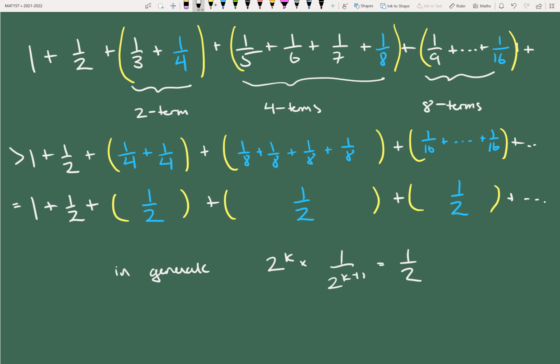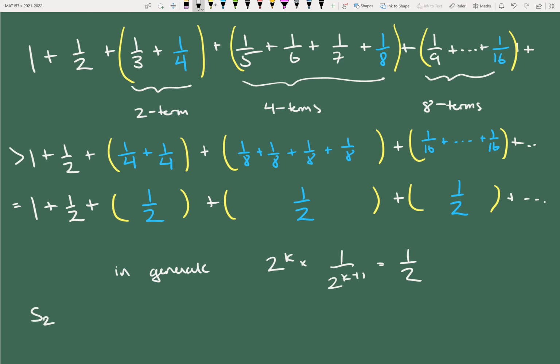And so now, what do you get? You get that the 2^kth partial sum of the harmonic series is always greater than, I don't know, k times 1/2, something like k/2. So what's the exact number?